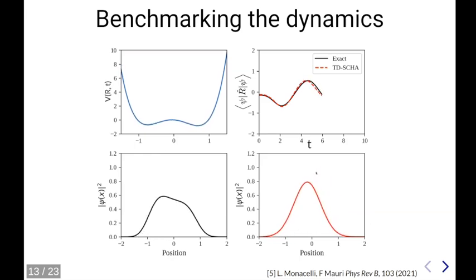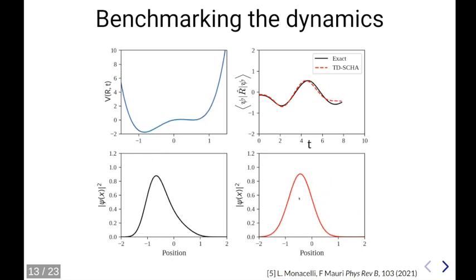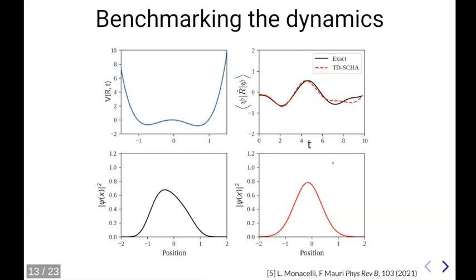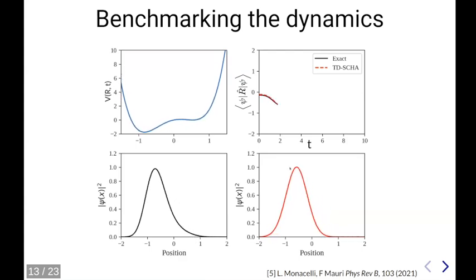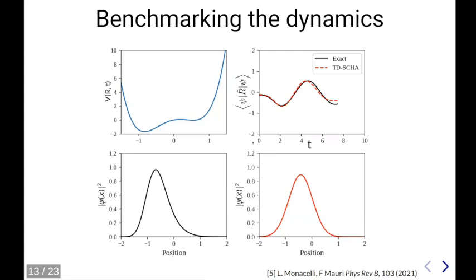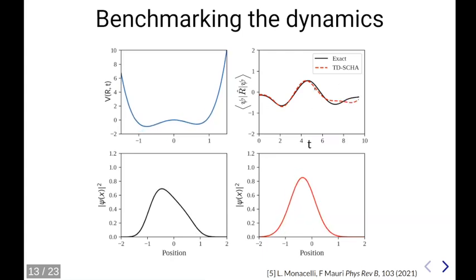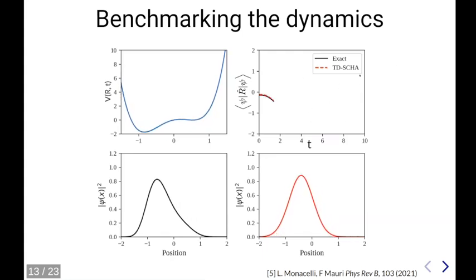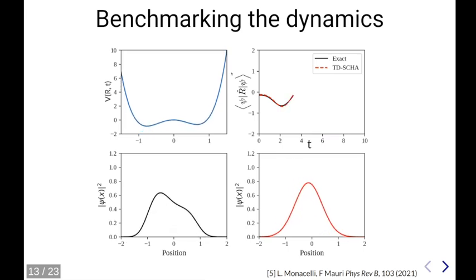And on the right, instead, the time-dependent self-consistent harmonic approximation, which, as I was anticipating, is constrained always to be a Gaussian. And here we see the average position of this particle, which is quite good with respect to the exact results. So this is how the theory works in practice.